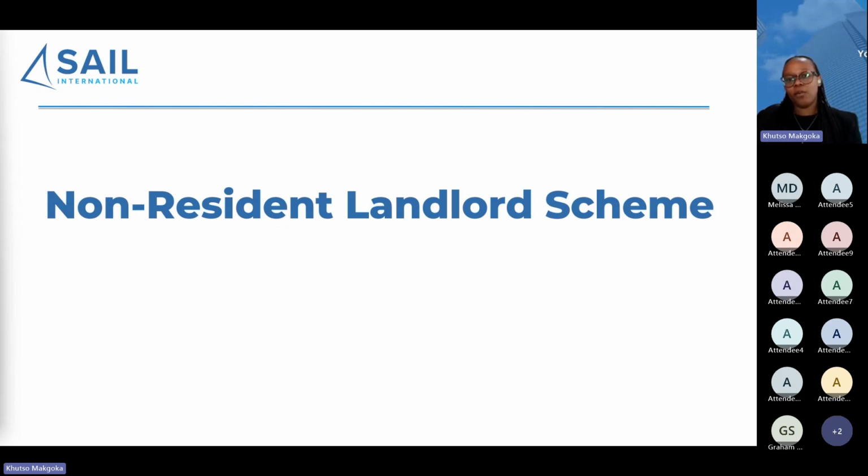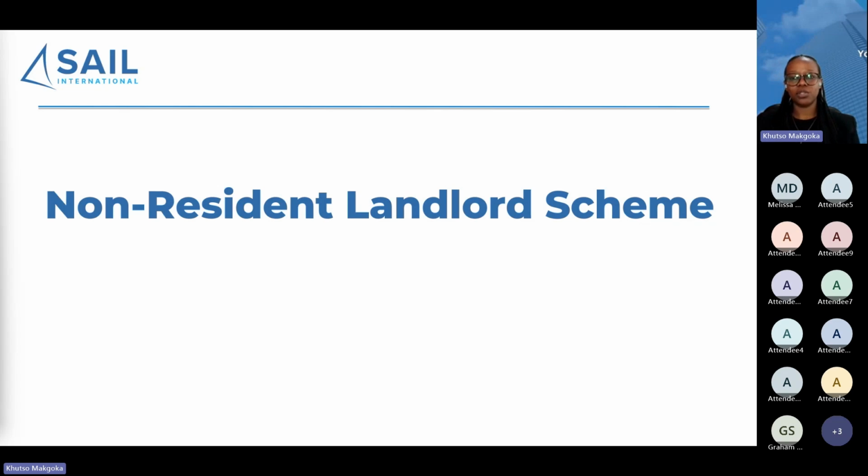Now, for all of the property investors that are non-UK residents or offshore investors, there's what we call the non-resident landlord scheme, which can sneak in unwanted taxes. The non-resident landlord scheme is a withholding tax regime for rental income payable to non-residents.